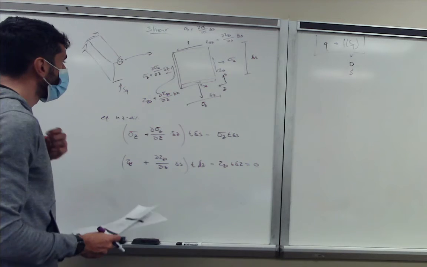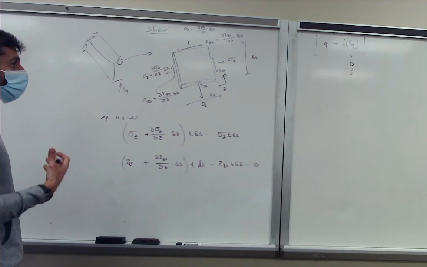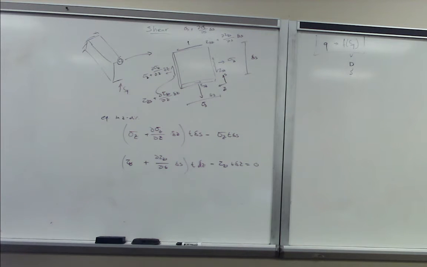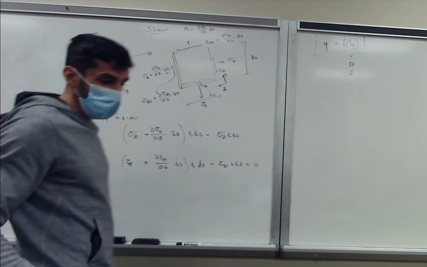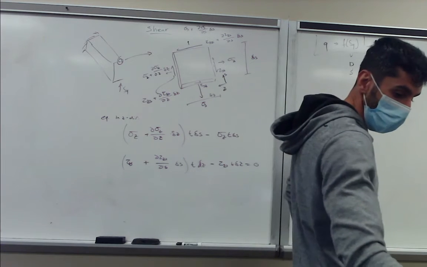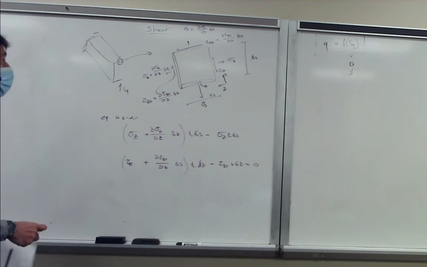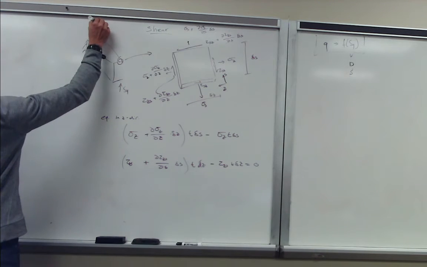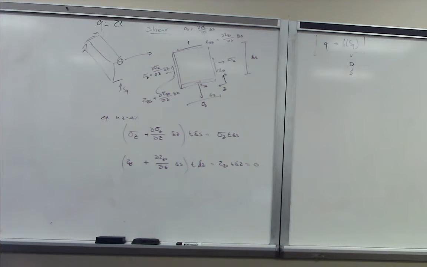So what we do is we take every stress in the z direction, multiply by the area to get the force, and take the equilibrium of that. We equate it to 0. Now we assume, as we said, that Q is equal to tau multiplied by t.